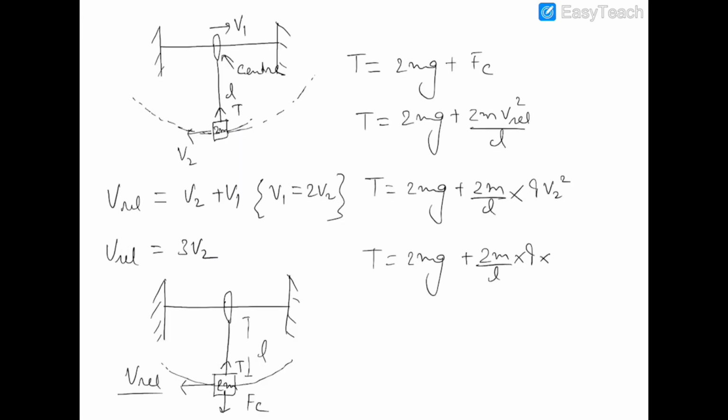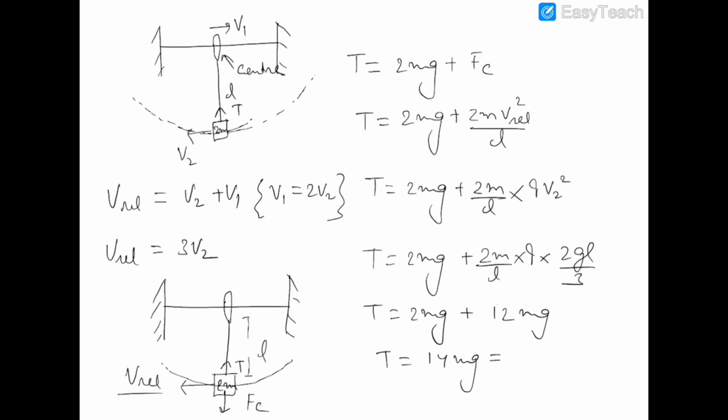So T is equal to 2mg plus, this is 4 into 3, which is equal to 12, this is 12 mg, and T is equal to 14 mg.